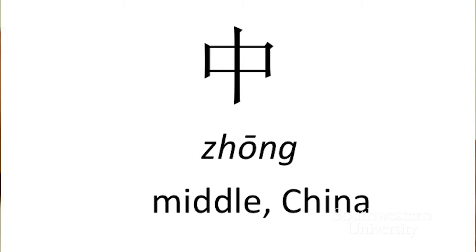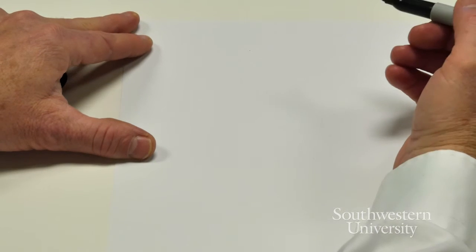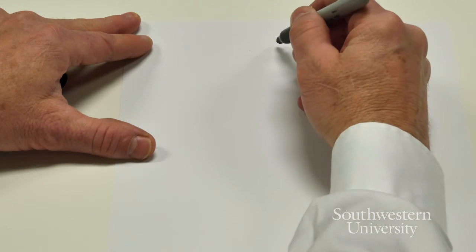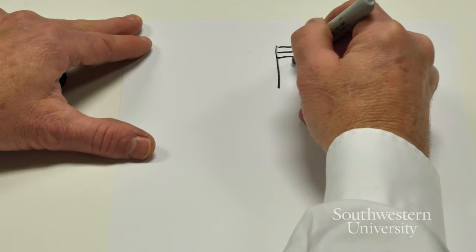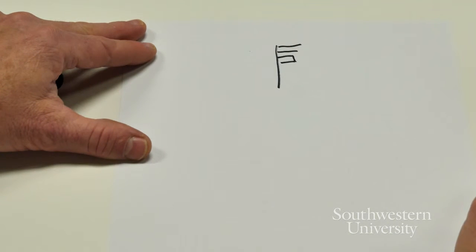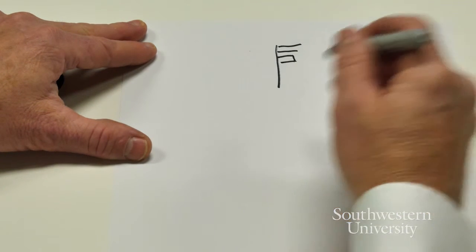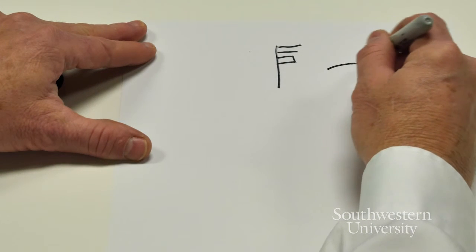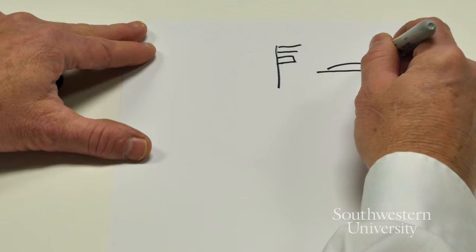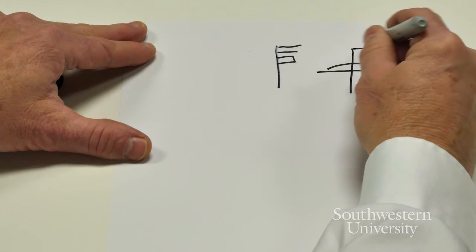Zhong is the next character, meaning central, or it can even mean to strike. Originally, it probably was a depiction of banners, something like that. But it has been understood for a long time as meaning an arrow striking a target.